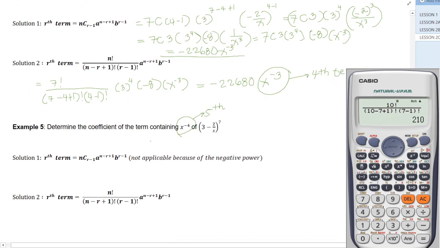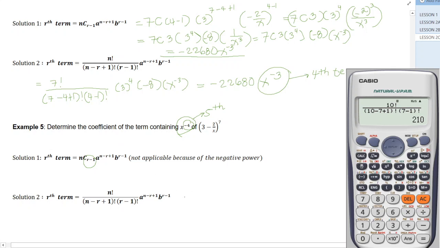Okay, so for your solution 1, it is not applicable, since we have already the negative power for that one. Your negative powers cannot be read by your calculator already, so we have your solution 2, the long term.